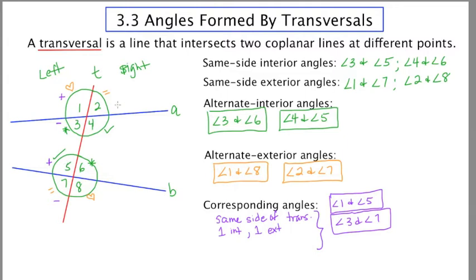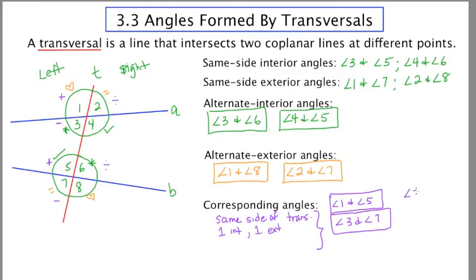But there are actually two others. If we start looking at the right side, we'll see that there are two other pairings. So I'll put a little division symbol by angle 2, which is in the upper right. Well, if we go down here to this cluster, what's in the upper right? It's angle 6. So maybe talking about it in terms of the upper left and the upper right is easier than the actual definition.